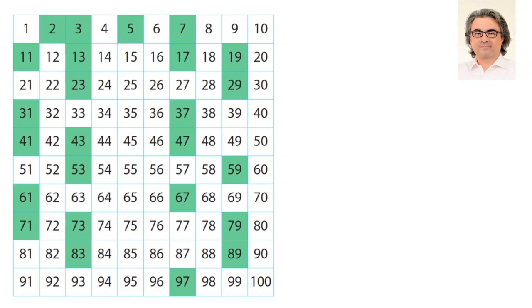Before this, let's speak on a composite number. I told you before 6 is a composite number because 6 may be written as 1 times 6. It means 1 and 6 divide 6. But other than this, 2 times 3 is also 6.